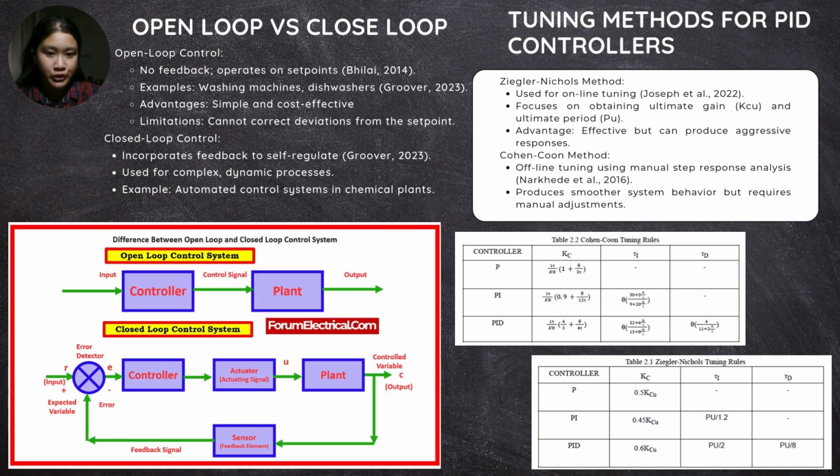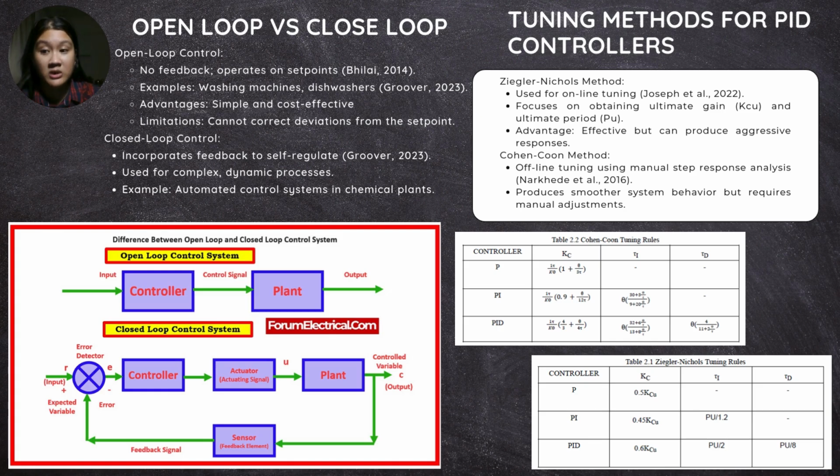Next, for the literature review, we will go into open loop versus closed loop control systems. So, what is open loop? Open loop has no feedback and operates on the set point. For example, a washing machine or dishwasher. The advantages of open loop control are that it is simple and cost effective.